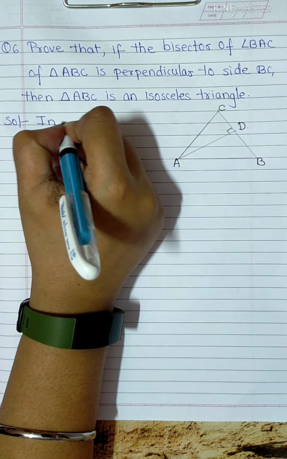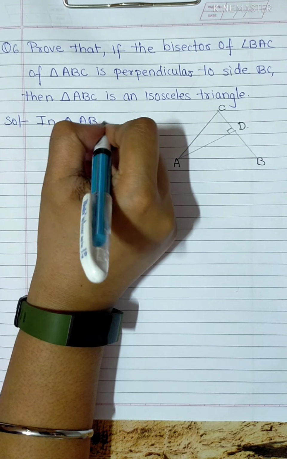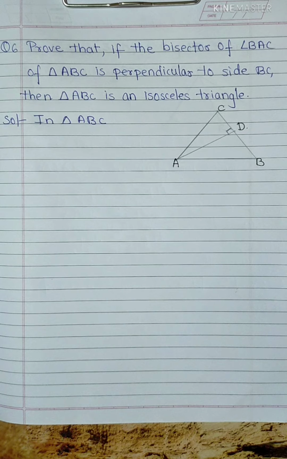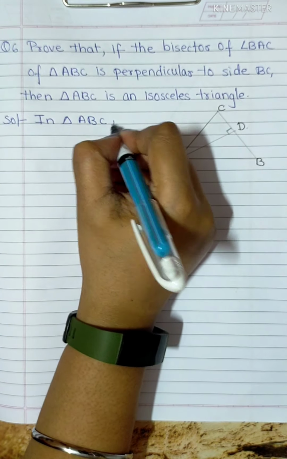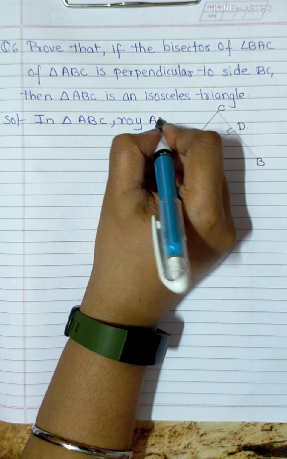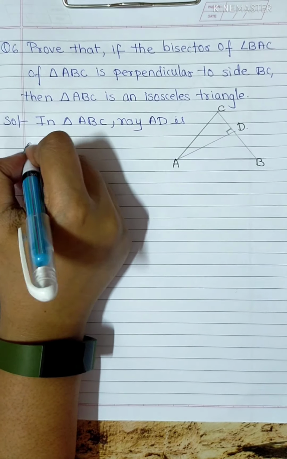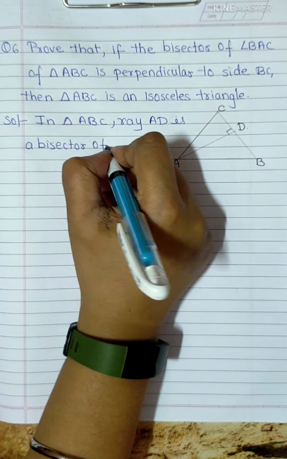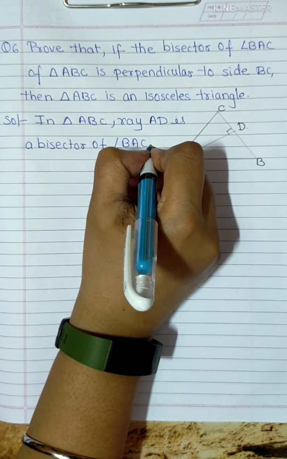So here given in triangle ABC, ray AD is a bisector of angle BAC.